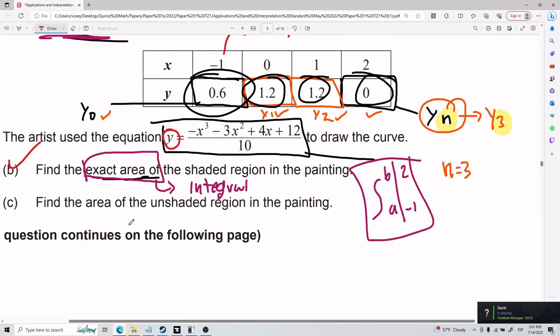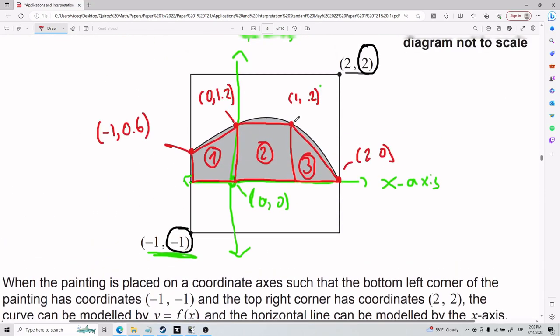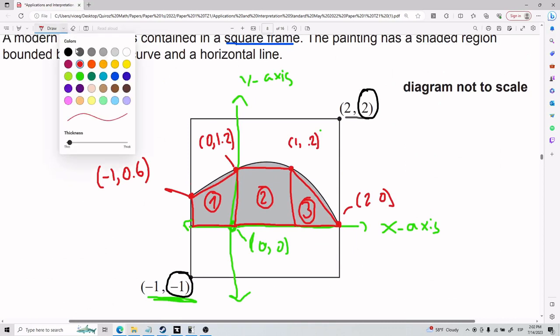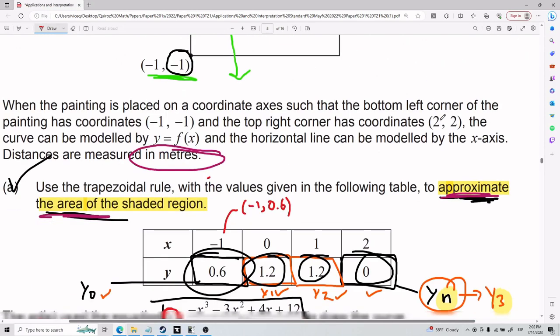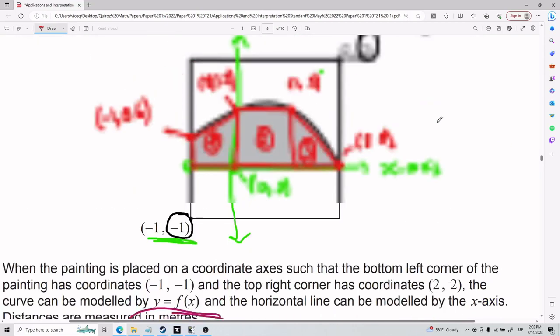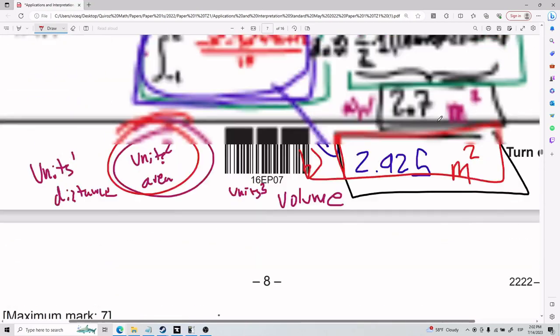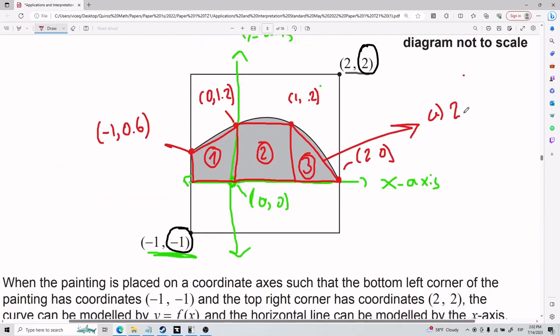Part C. Find the area of the unshaded region in the painting. Alright, that's a little bit weird, isn't it? So, what we did, again, context. What we did just now with the trapezoidal rule is that these figures I drew in red, we calculated that the area of this, from part A, ¿cierto?, is 2.7 meters squared.